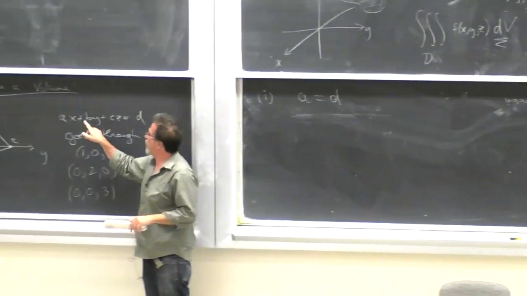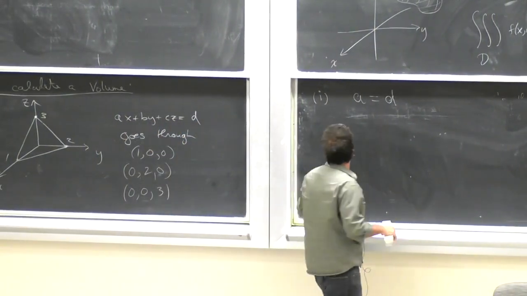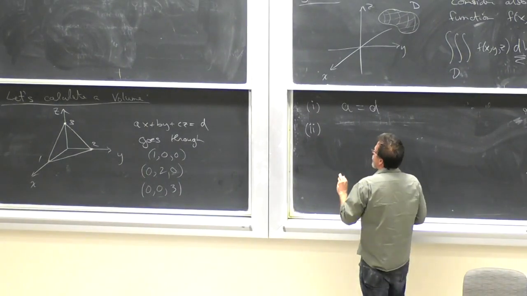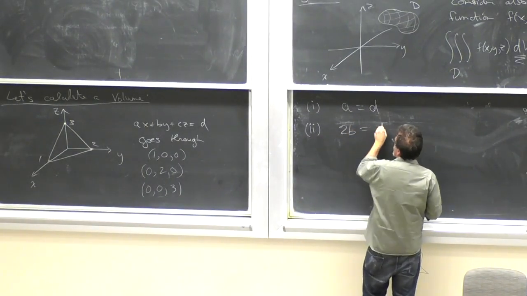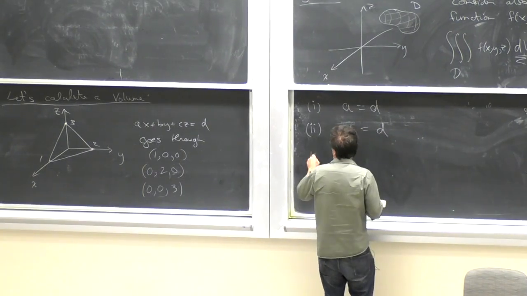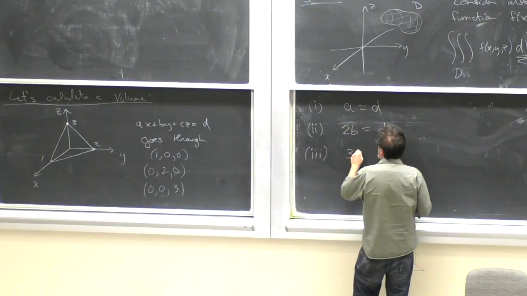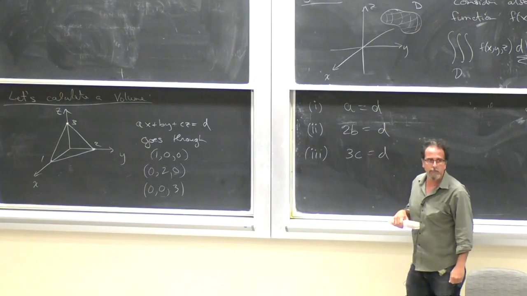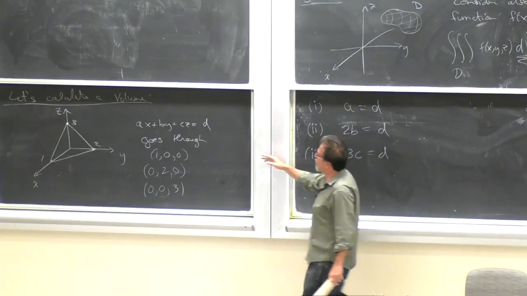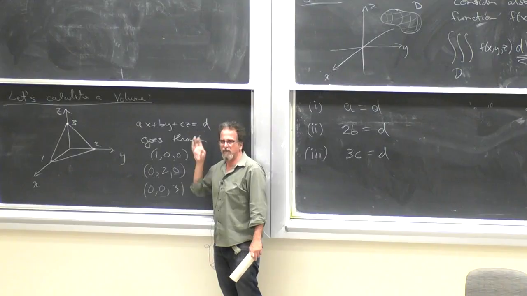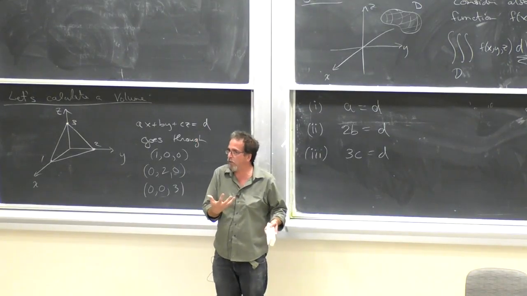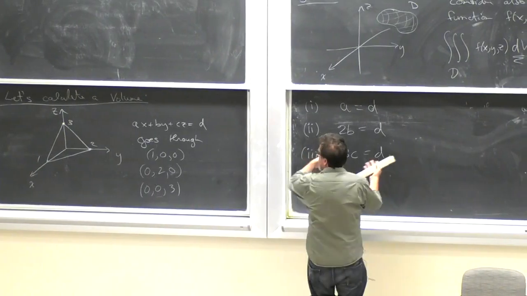Because A times 1 is A equals D. The second equation says 2B is equal to D. And the third equation says 3C is equal to D. Now I have 4 unknowns, A, B, C, and D, but I only have 3 equations. So we have what appears to be a problem, but you'll see it's not actually going to be a problem. Why? Well, let's substitute them into that equation.